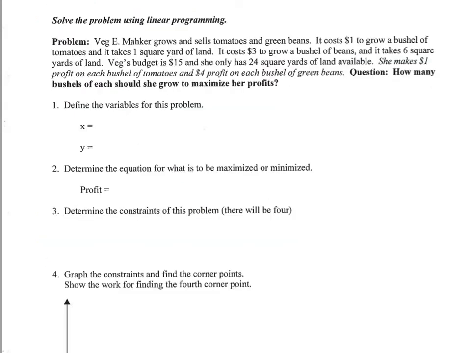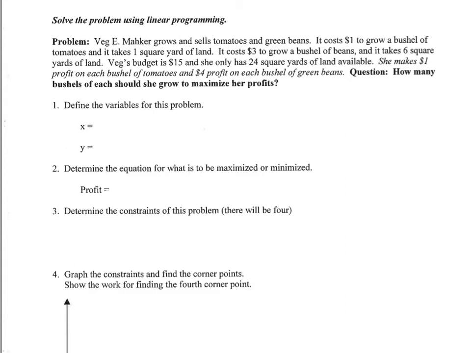On this page, what we are going to do is solve one linear programming problem completely from start to finish. Please take a moment to pause the video and read through the problem. We need to define what x and y stand for, and x and y are going to deal with what we are producing. And I'm going to let x be whatever we produce, whatever I see first. And I see tomatoes first and green beans second.